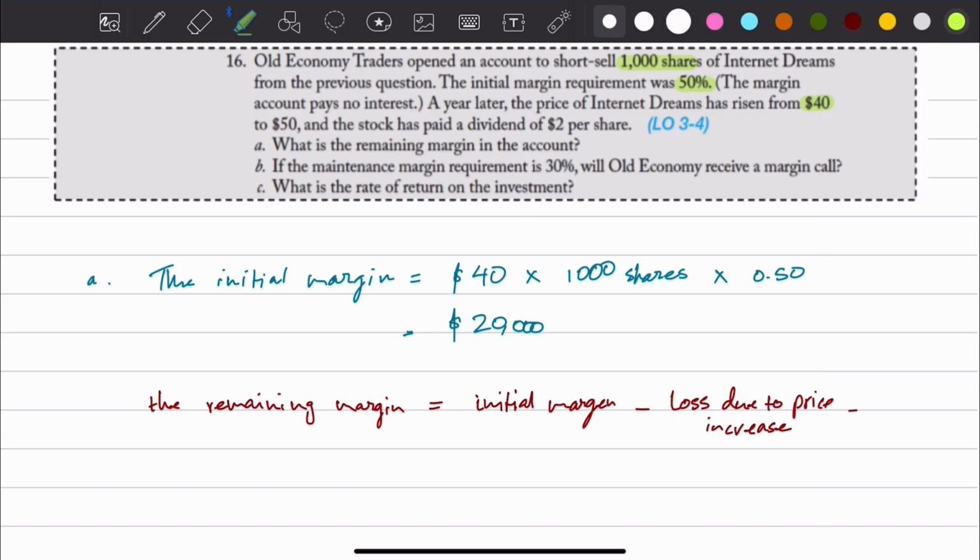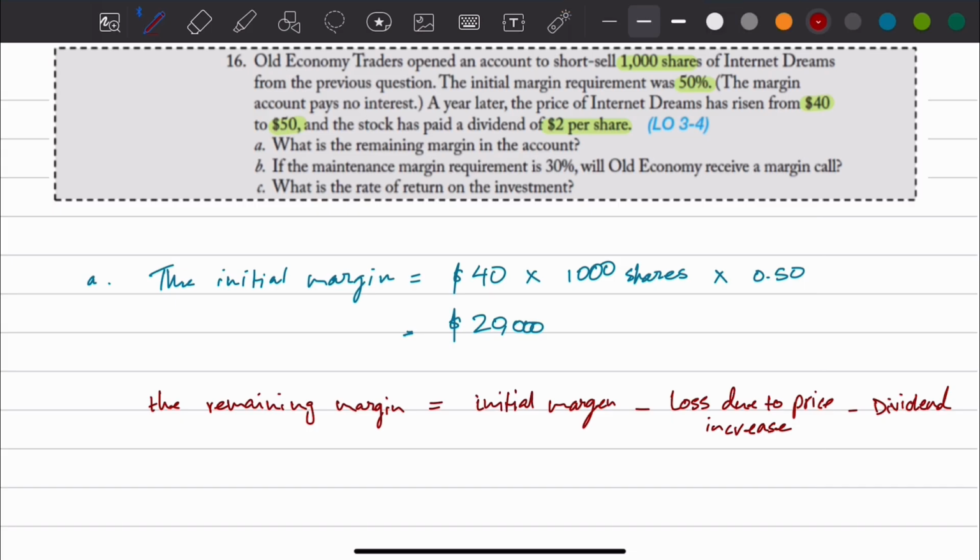So here we have a price increase from 40 to 50, and we have a $2 dividend per share that the trader is going to have to pay to the original owner of the shares, either the person or the institution that he borrowed the 1,000 Internet Dreams shares from in order to short sell. He's going to have to pay the dividend back to them, right?